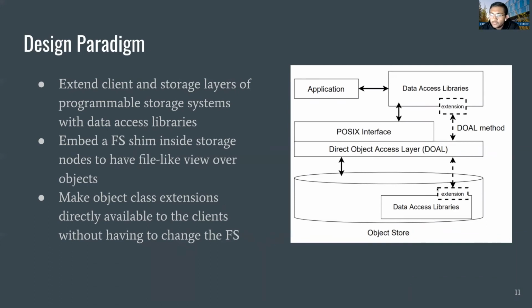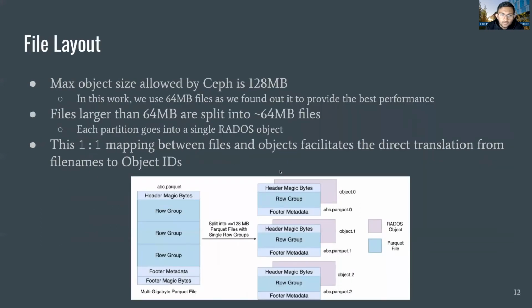It does not know anything about objects. So during the read path, we need some way to take file names and convert them into object IDs, and then invoke the user-defined functions on those object IDs. For doing this translation between file names and object IDs, we need to ensure this 1:1 mapping.